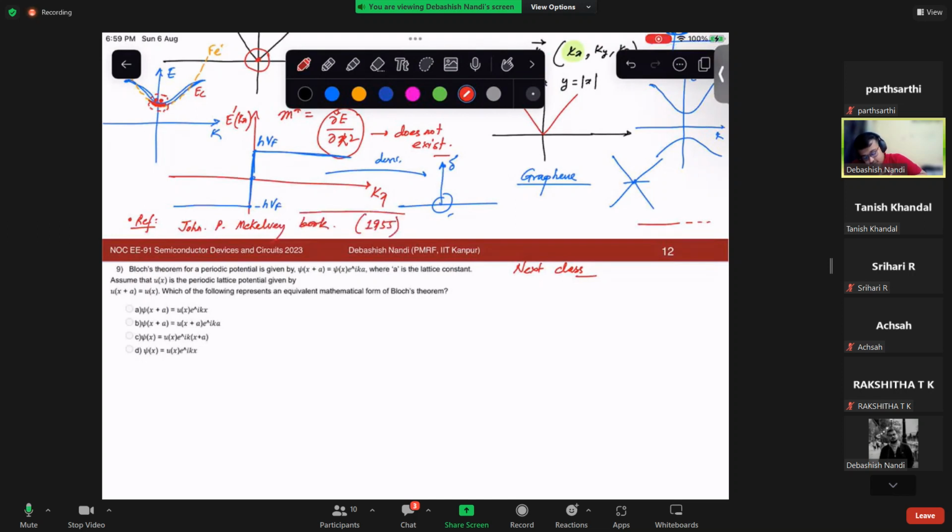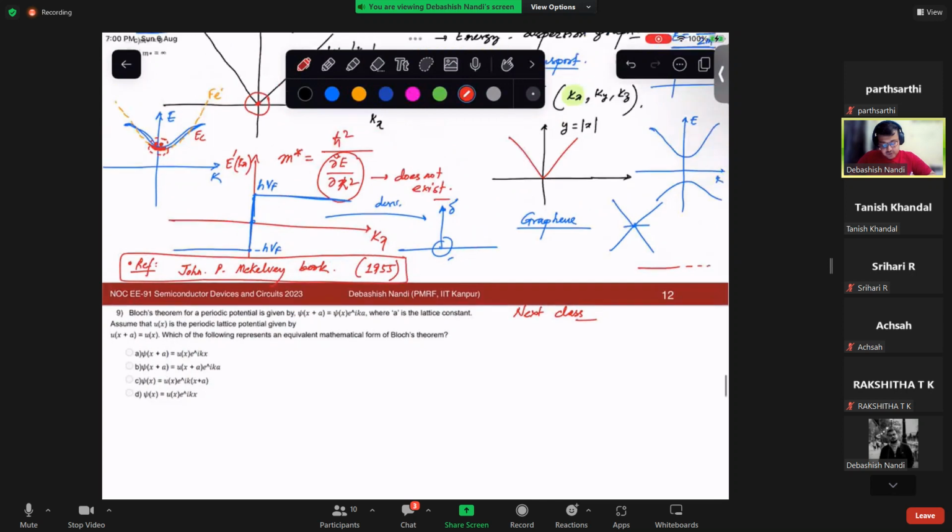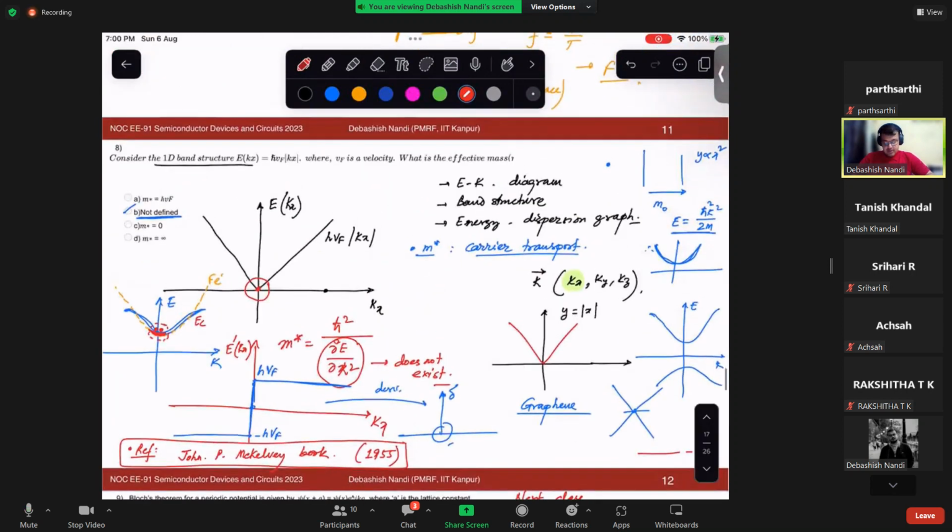You can download it; I think it is available online also. Okay, so that's about it today. You can read this quantum mechanics part and this kind of transport part from this book. It is very good, apart from the SMG book, which is the core standard reference for this course. For in-depth understanding, you can refer to this book.